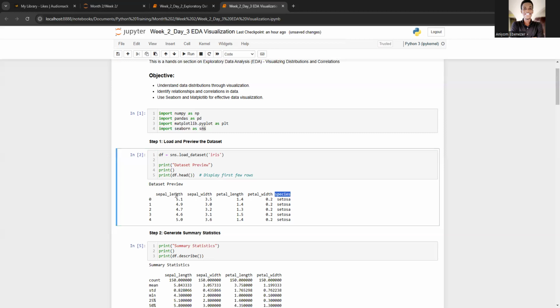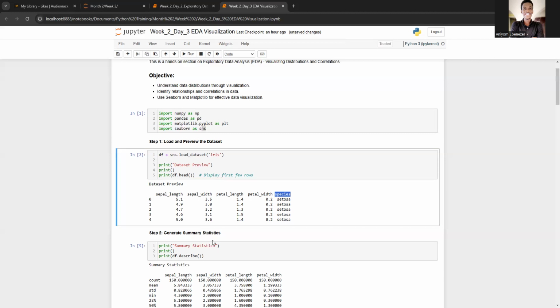So we have columns like sepal length, sepal width, petal length, petal width, and then species. With this, we can continue our visualization process.